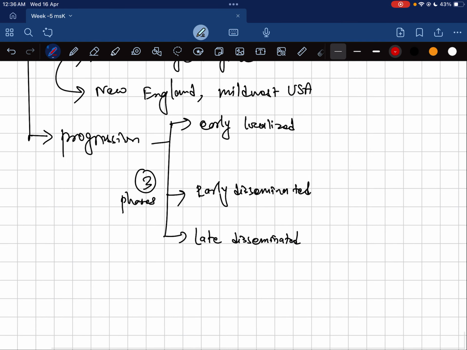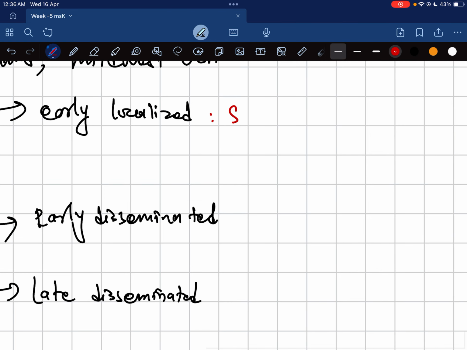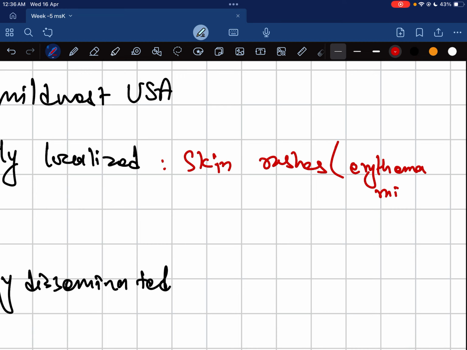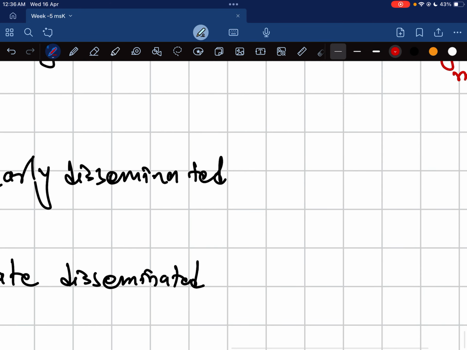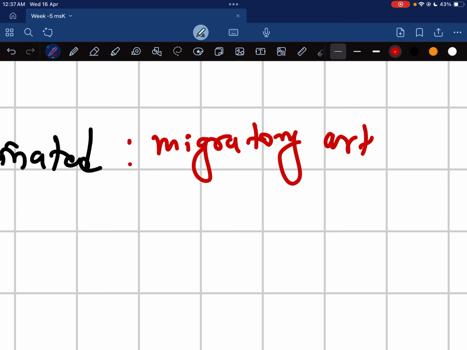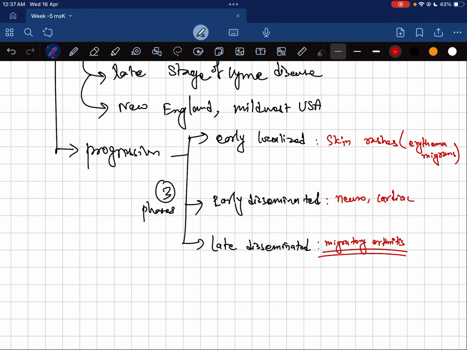In early localized there are skin rashes due to erythema migrans, in early disseminated there are neurological and cardiac symptoms, and in late disseminated there is migratory arthritis. This is regarding the progression.